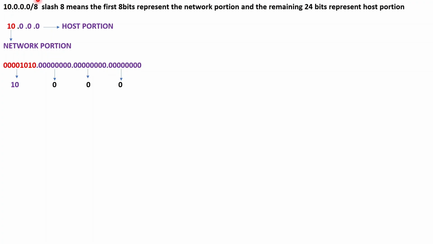So as we said before kwenye previous video, once you see /8 it means the first 8 bits represent the network portion, while the remaining 24 bits represent the host portion. So as you can see hapa, once we convert it into binary, 10 is equal to 00001010.